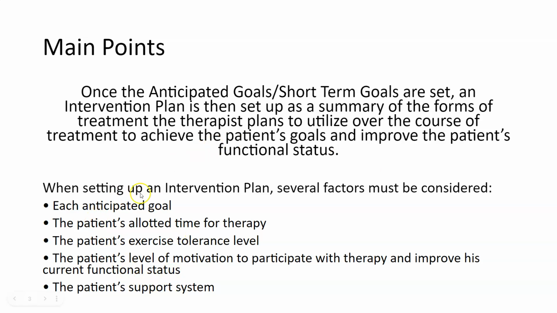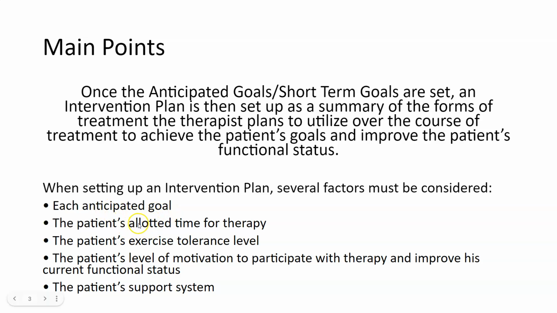But it's important that when we look at this and we're doing this, we're taking in this holistic approach to patient care, right? We need to identify and understand the anticipated goals that we created. Ideally, this is done with the patient at some level, right?